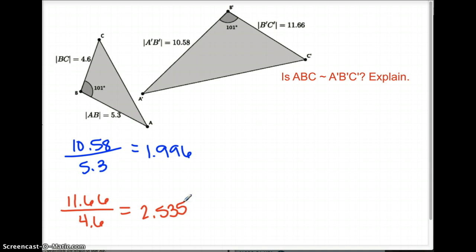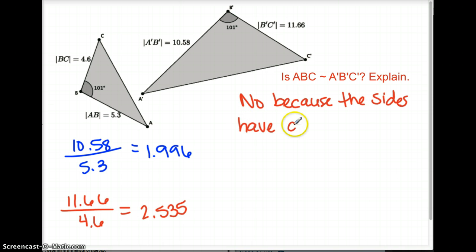So you can see here that these have two different scale factors. So we're going to say no, they are not similar because the sides have a different scale factor applied to them.